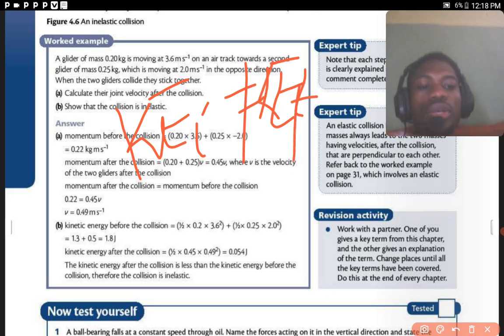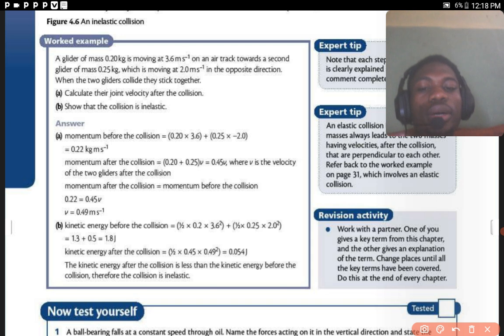The initial kinetic energy and the final kinetic energy have to be different. More specifically, the final needs to be less. By the time you do that, you can conclude that since kinetic energy is not conserved, kinetic energy after collision is less. It therefore means that in this scenario we have an inelastic collision.